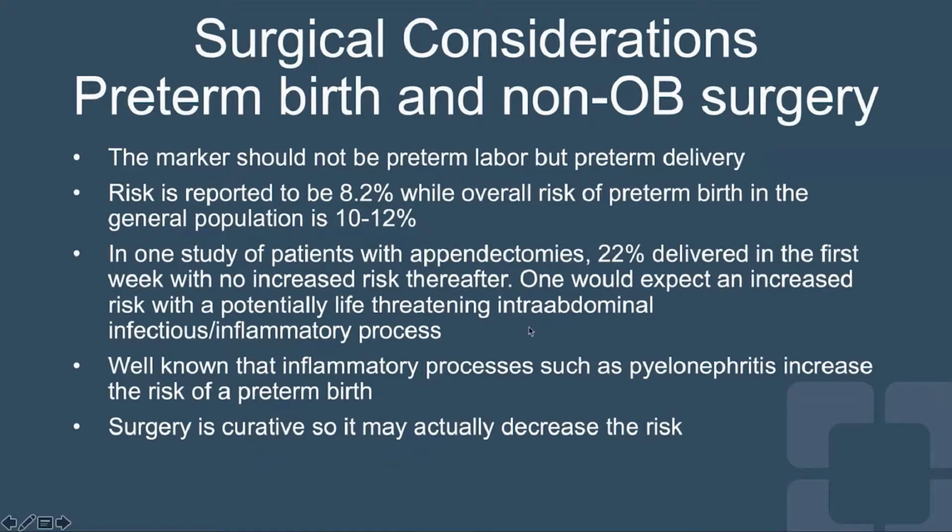So in one study with patients with appendectomies, 22% delivered in the first week with no increased risk thereafter. So one would expect an increased risk with a potential life-threatening intra-abdominal infectious or inflammatory process. So that's important to keep in mind, because we know that inflammatory processes, such as non-surgical issues like pyelonephritis, definitely increase the risk of preterm birth.